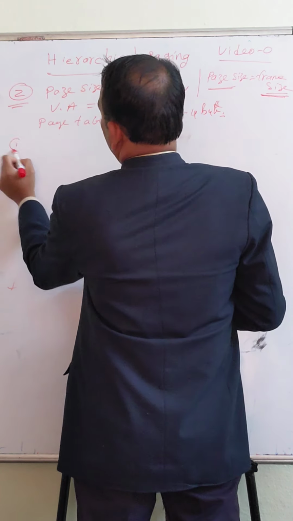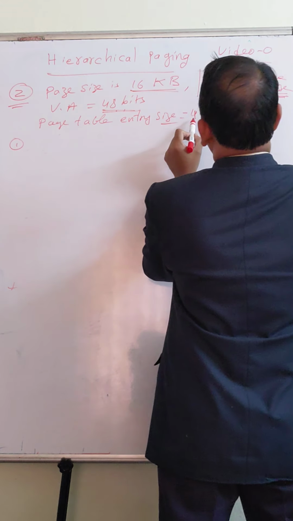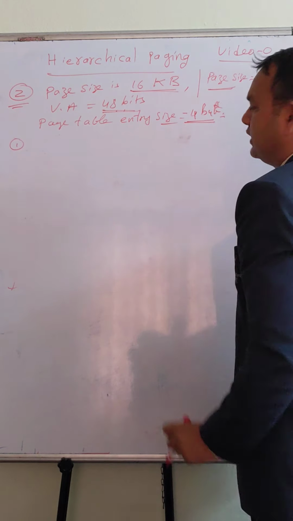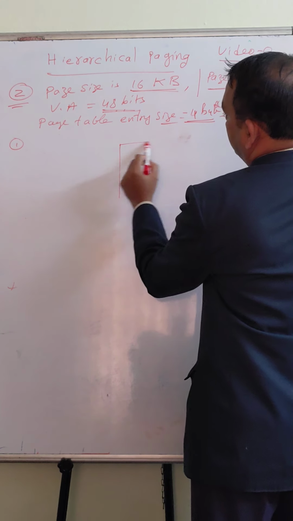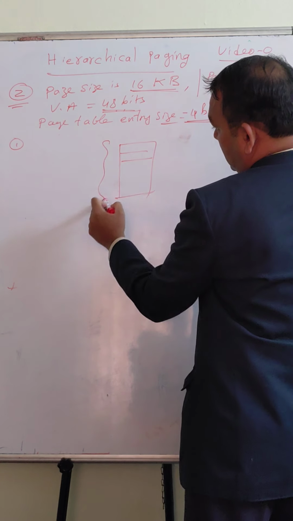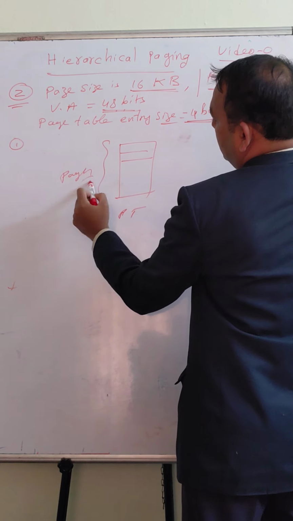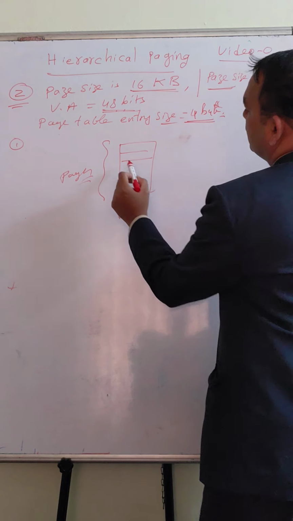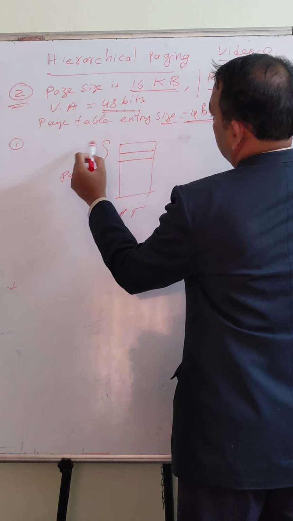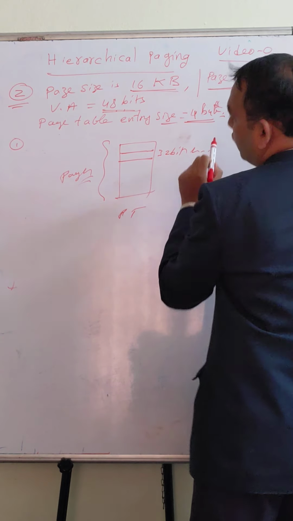Page table entry size. We have seen that the page table entry size is 4 bytes. It means in the page table, we don't know how many pages, but each page table entry is 32 bits or 4 bytes.